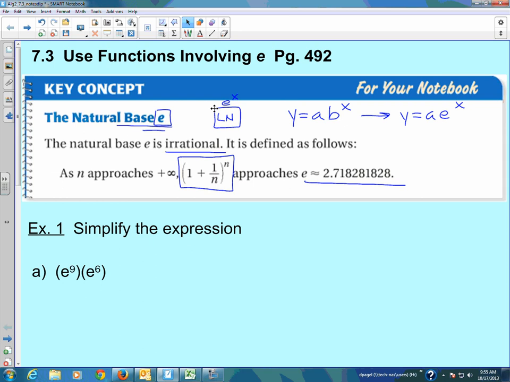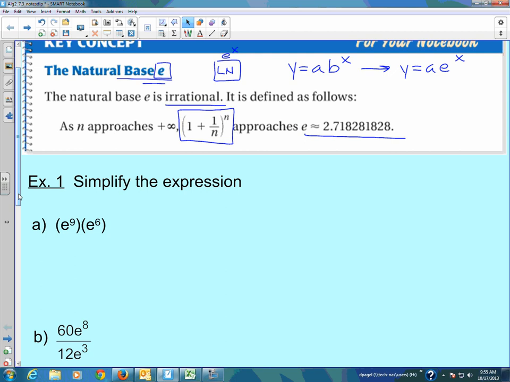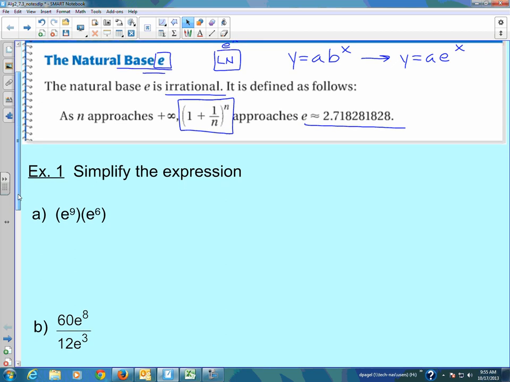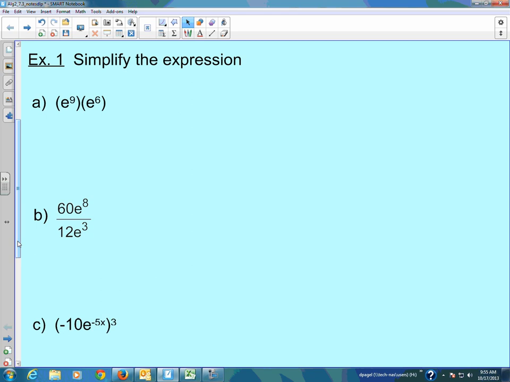Let's talk about, before we get to the graphing component, the fact that we're dealing with exponential numbers. It doesn't matter whether it's a natural base or otherwise, we still obey the same properties of exponents that we did back in Chapter 6. So these should be just real quick reviews of some of those properties. In this first one here, A, we're multiplying like bases, and that meant that we simply added the exponents together.